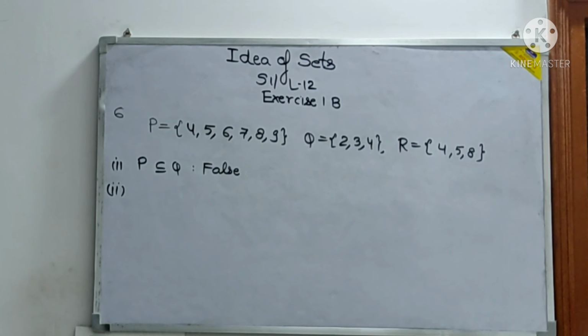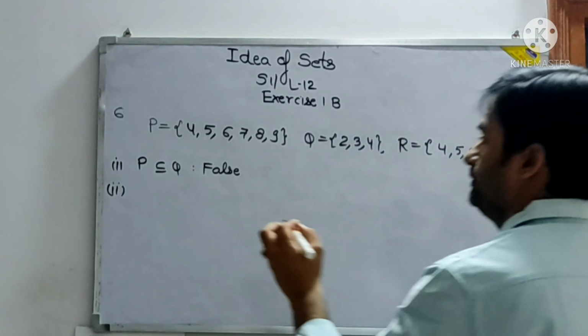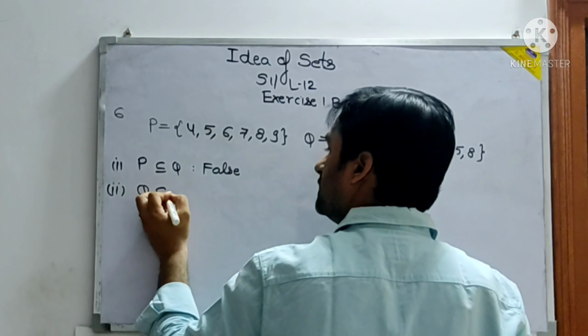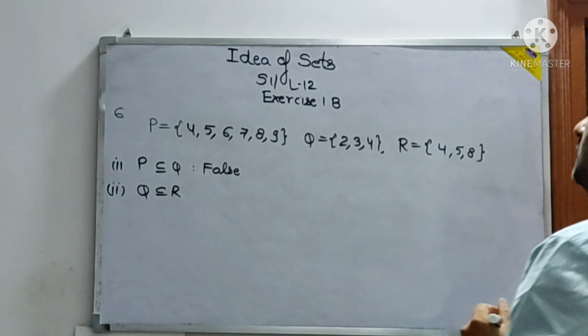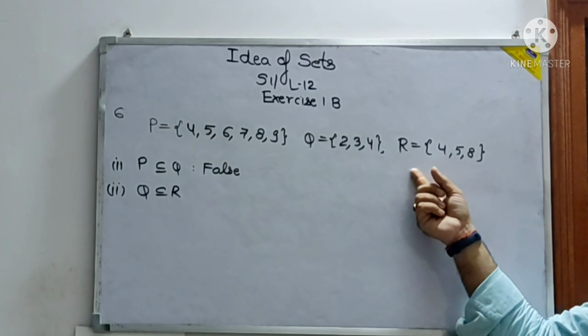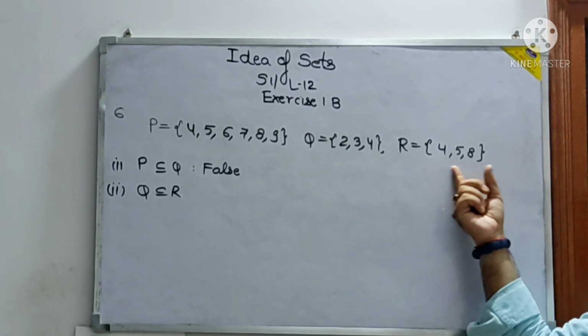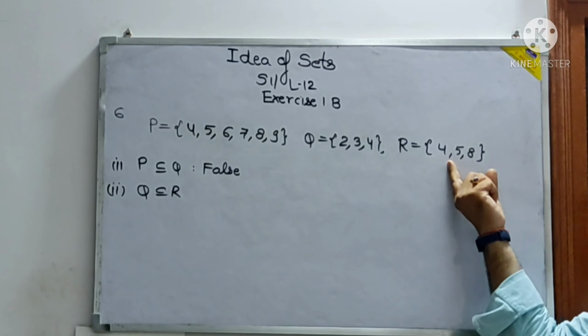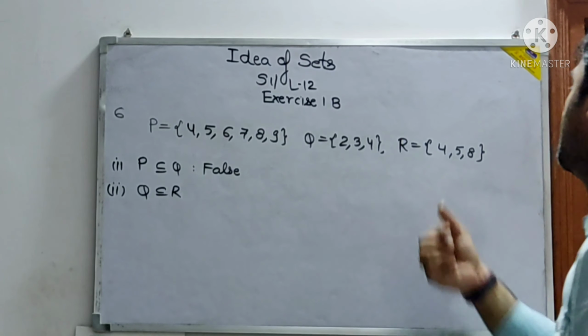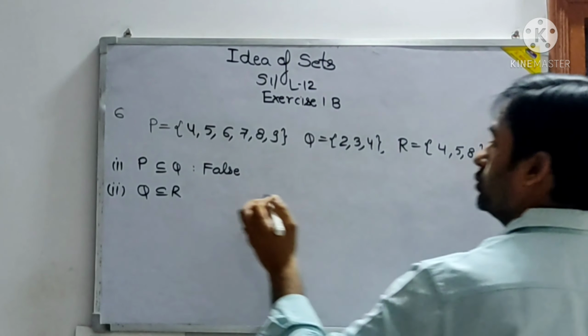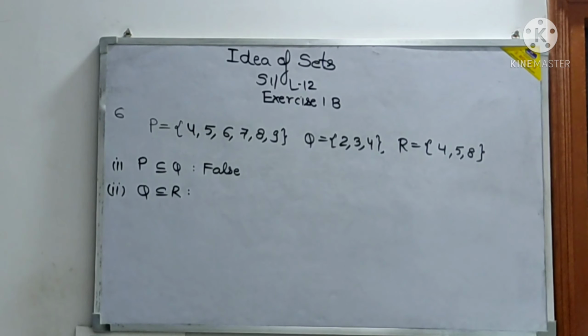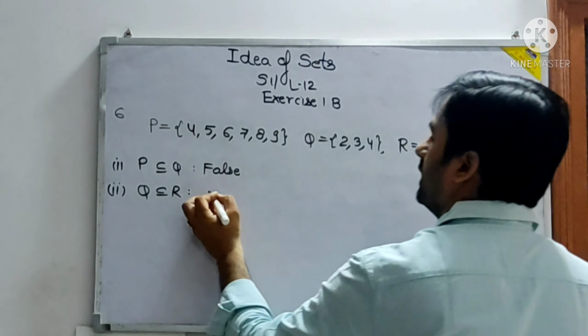Second part, Q is a subset of R. Let us see. 2, 3, 4. No. See here, 4 is there, but 2 and 3 is not there in R. So Q is a subset of R will also be false only.